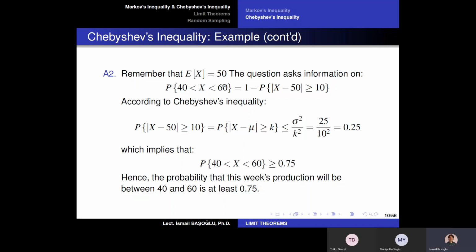And what I know about that probability is that it is equal to 1 minus the probability of the manufactured quantity's deviation from 50 being greater than or equal to 10, right? So this is the complement event.